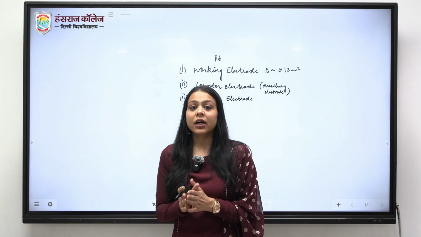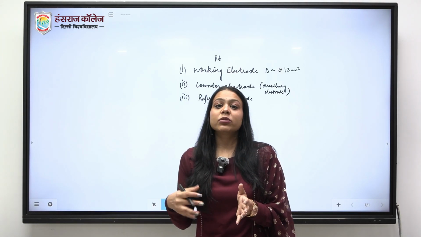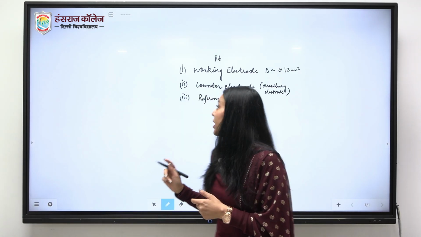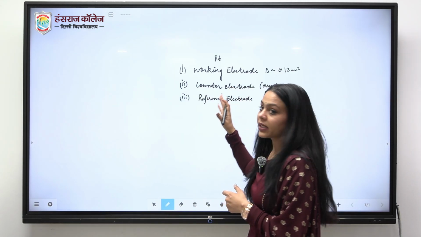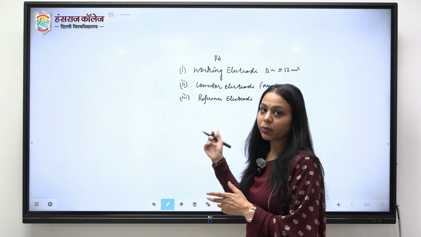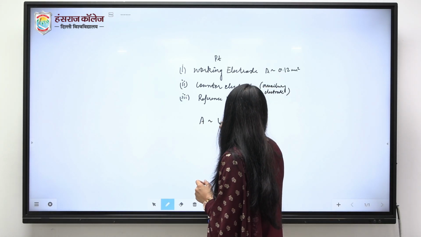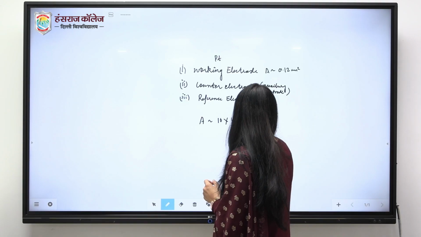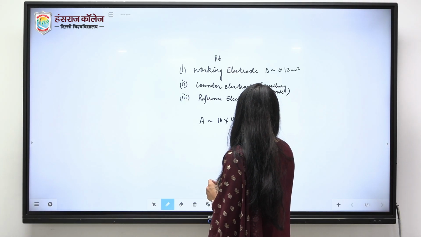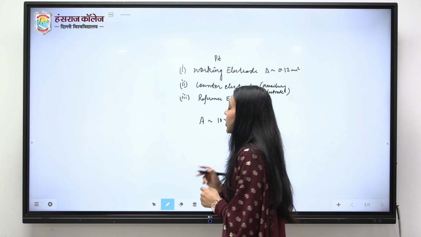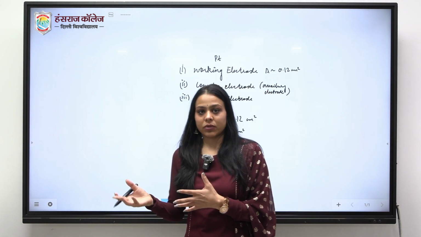Counter electrode should be around 10 times more in area than your working electrode, or more than that also. So if you choose your working electrode with area 0.12 centimeter square, then the counter electrode area is around 10 times of 0.12 centimeter square, which means around 1.2 centimeter square. So in this way you can choose your counter electrode.